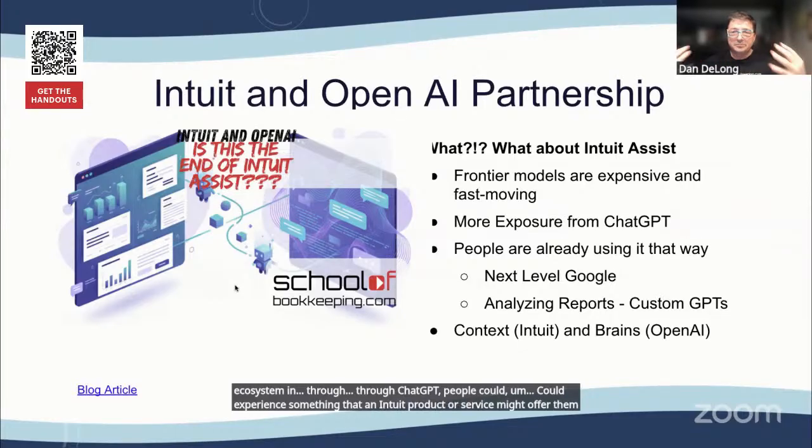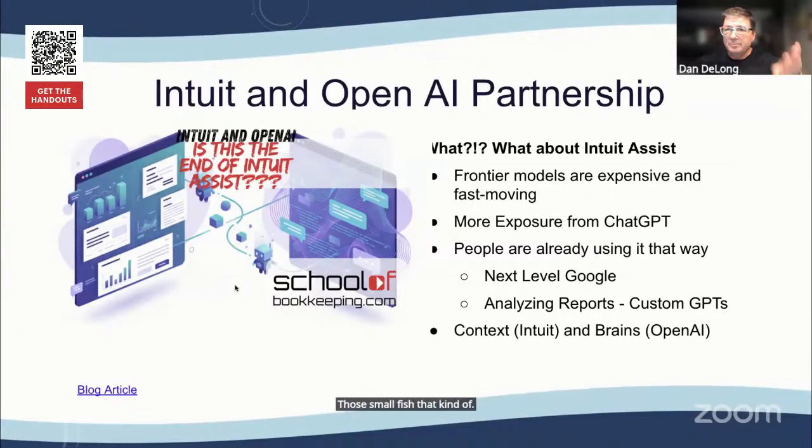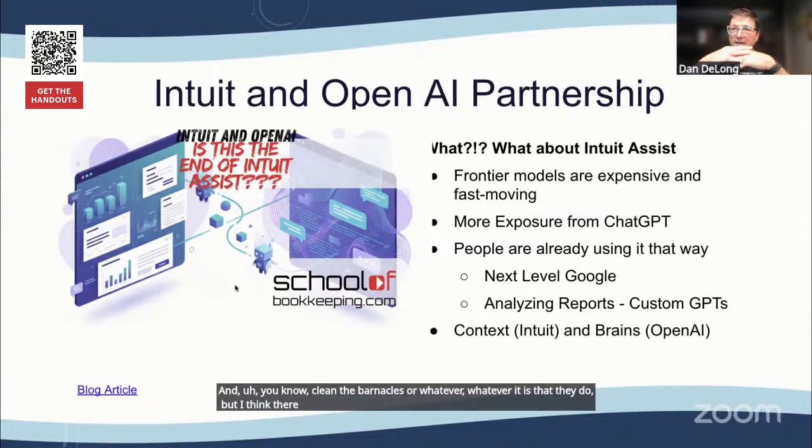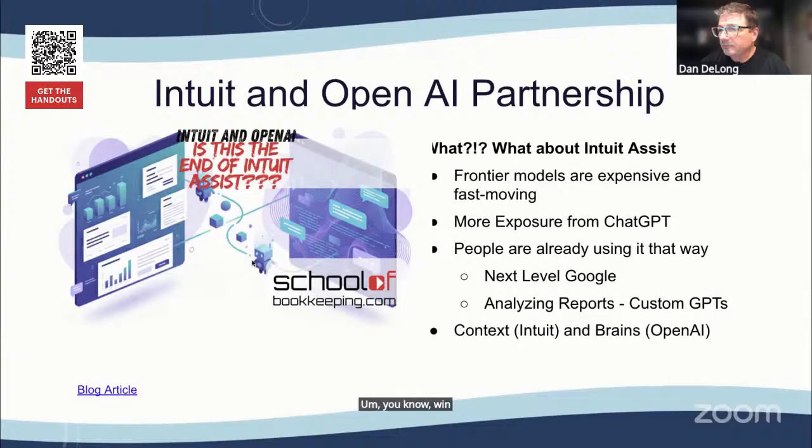So there is some kind of symbiotic relationship, like those small fish that hang around the big shark and clean the barnacles or whatever it is that they do. But I think there is some kind of win-win for both of these companies.